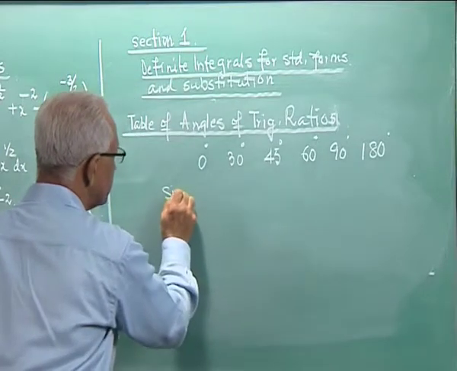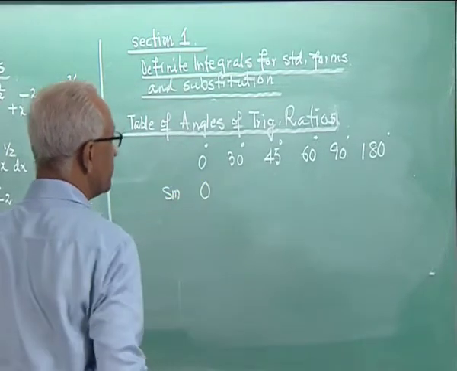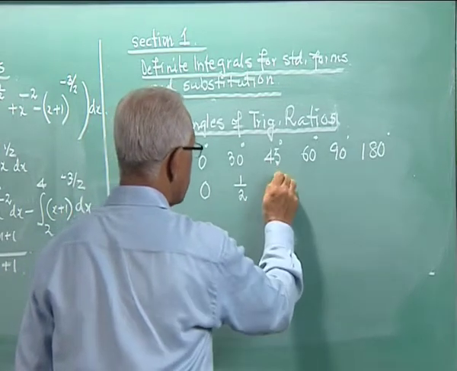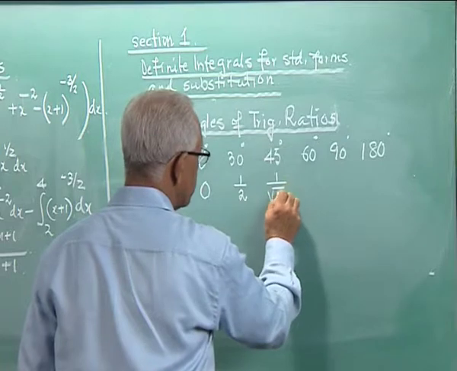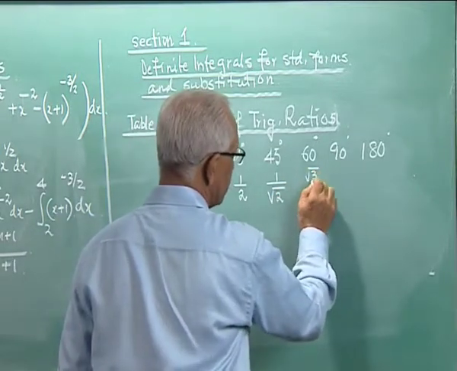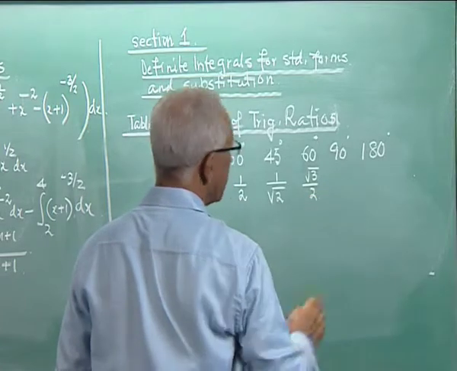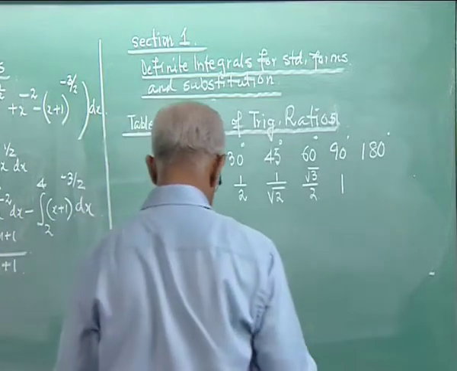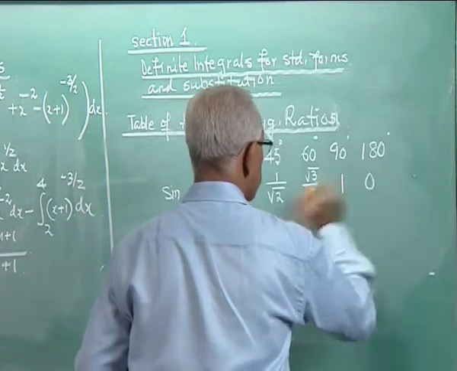Sine 0 is always 0, sine 30 is always half, sine 45 is 1 upon root 2, sine 60 is under root 3 by 2, sine 90 is 1, and sine 180 degrees, that is 0.